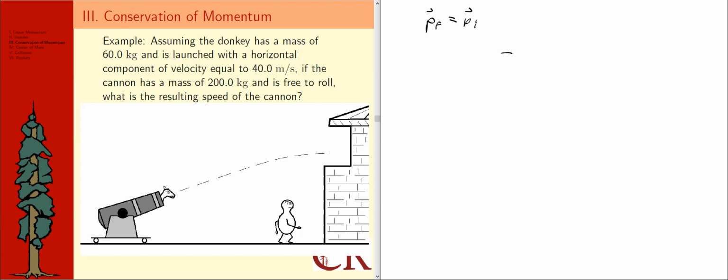And I think it's pretty obvious that the initial momentum is zero. I'm leaving a little space here so I can write stuff for the donkey and the cannon, because since I know the donkey is going to be shot off to the right, there'd be a positive amount of momentum for the donkey, but there'd be a minus amount of momentum for the cannon.